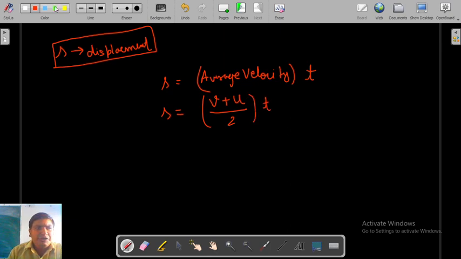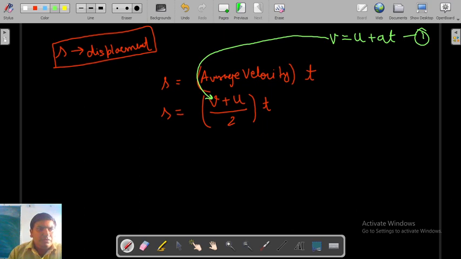And from the first equation we know that v is equals to u plus at. This is our very first equation, we have already got it. So we can put the value of v from this equation into this function. So when we put this value, we have s equals to u plus at plus u upon 2 times t.